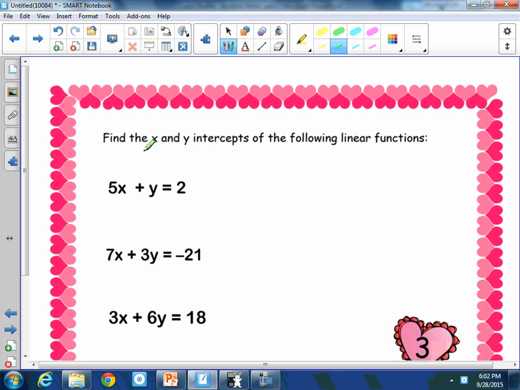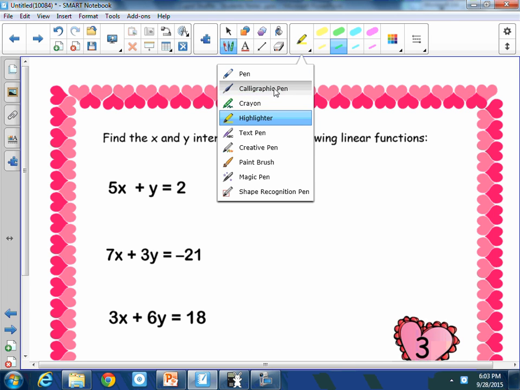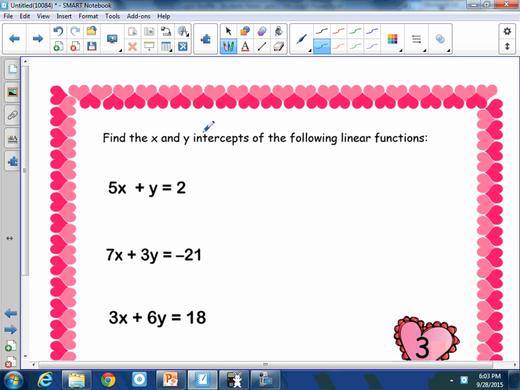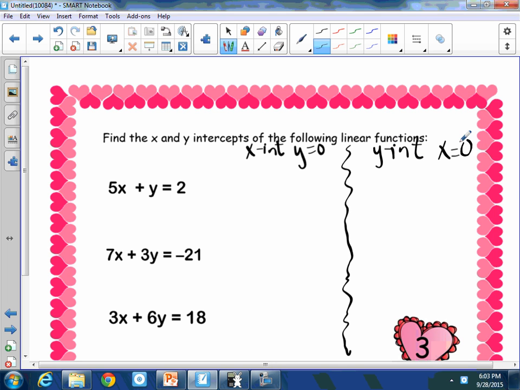All right, find the x and y intercept of the following linear equations. Okay, for the x-intercept, y equals 0. And for your y-intercept, x equals 0. So all we got to do is plug in. So let's see, 5 times 0 will be 0.